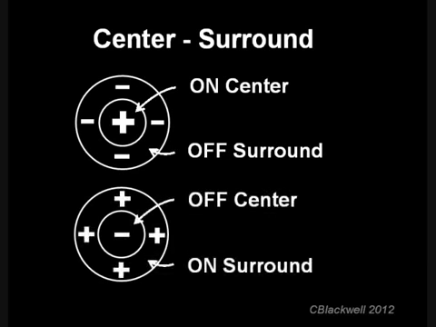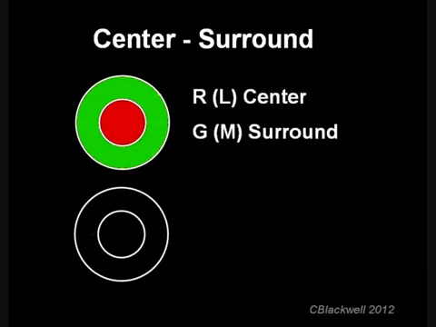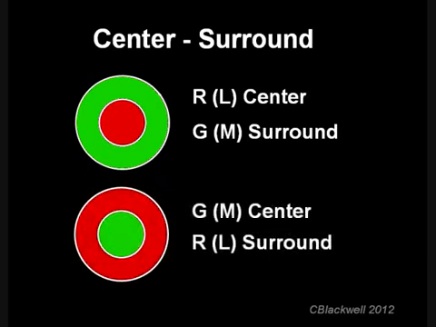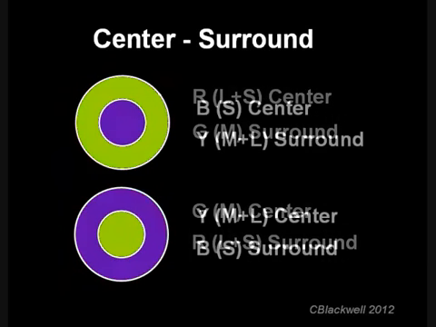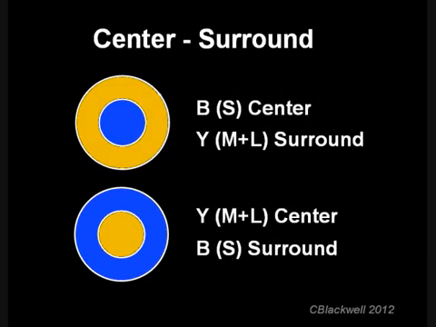Color vision researchers have found four arrangements in the retina. 1. A center of red cone activation with a surround of green cone inhibition. 2. A green center with a red surround. Technically, blue also inputs into this system. Here is the other center-surround pair with blue versus yellow.